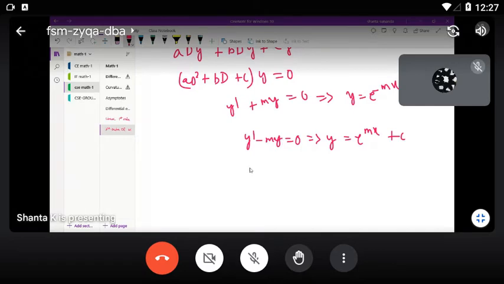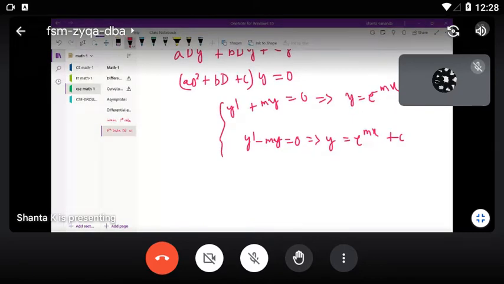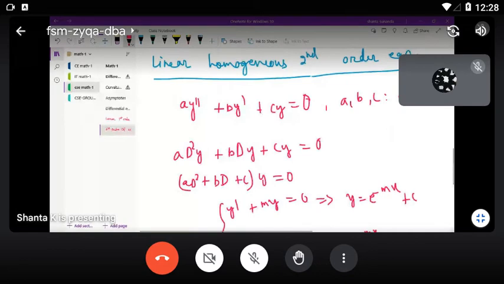Wait a minute. This one is for the first order. What I've written, you can see it's the first order one. So here you can do this. If you find the solution yourself, you will get a solution. So it is natural to try for a particular solution of the form y equals to e power mx. It's the first order differential equation.